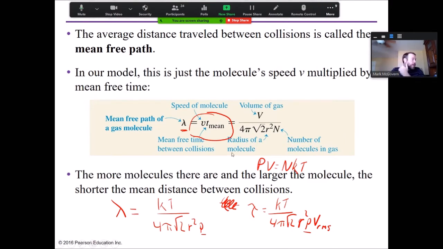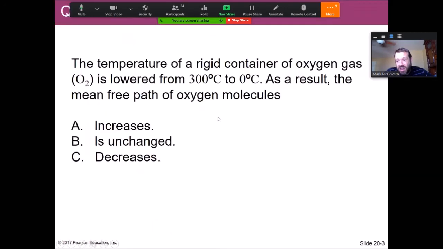If I go back to this expression here, the mean free path doesn't have a temperature in it. They say, well, Professor McGovern, didn't you just tell me about this other expression that does have temperature in it? And I will say that, yeah, I did do that. But hello, there's a pressure term in here, and do you know what's going on with pressure? No, you don't. We don't know what happens with the pressure here.